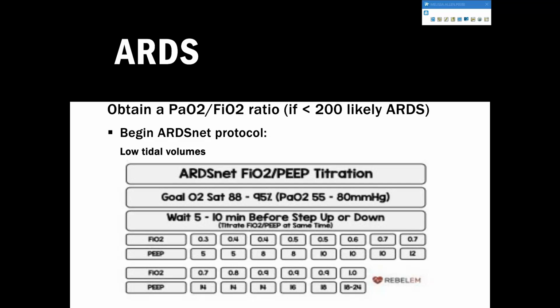So ARDSnet protocol is high PEEP that matches the FiO2 range we're at. Again, we are going to wean our FiO2 before we wean our PEEP. You kind of wean it in tandem a little bit with ARDSnet, but still you wean your FiO2 before your PEEP.